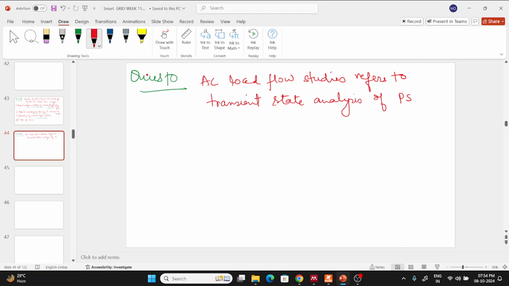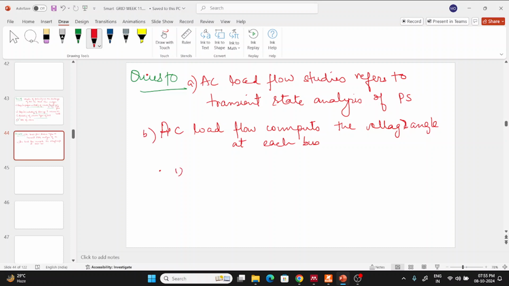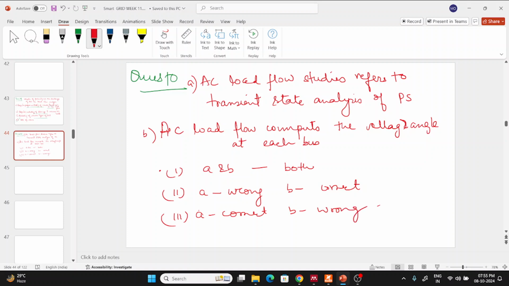B: AC load flow computes the voltage and angle at each bus. Okay, so which option is correct? First, A and B both. Second, A wrong, B correct. Third, A correct, B wrong. So give me the answer.